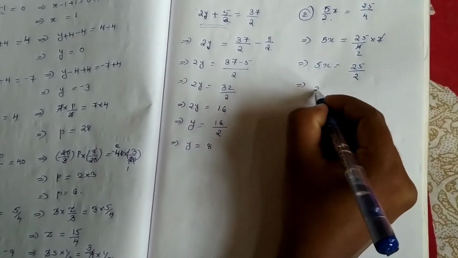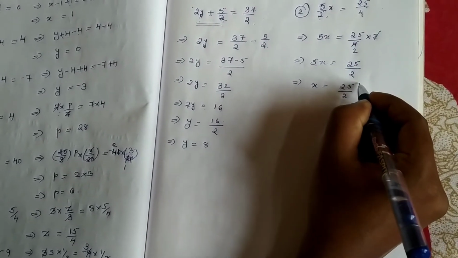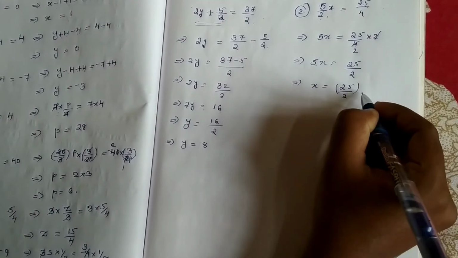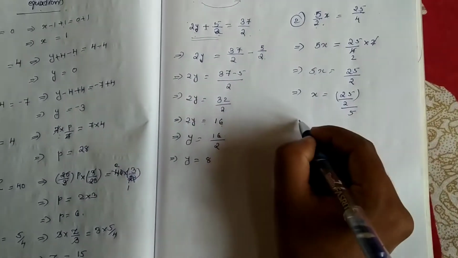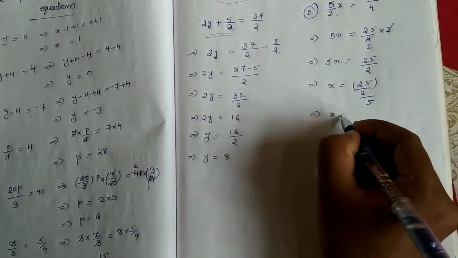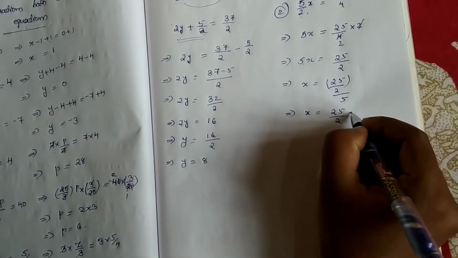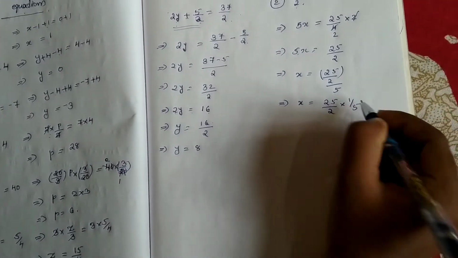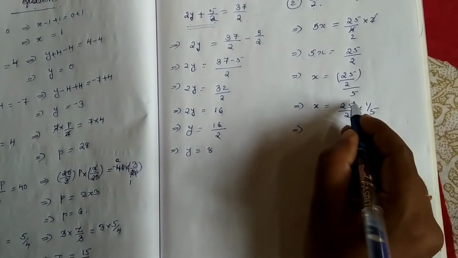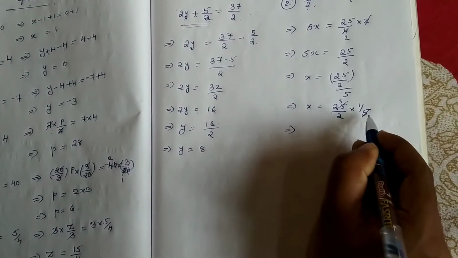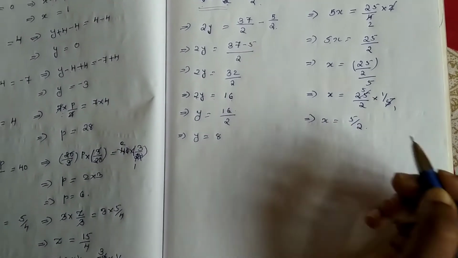So x is equal to 25 by 2 by 5. That is x is equal to 25 by 2 into 1 by 5. That is 5 fives are 25. x is equal to 5 by 2.